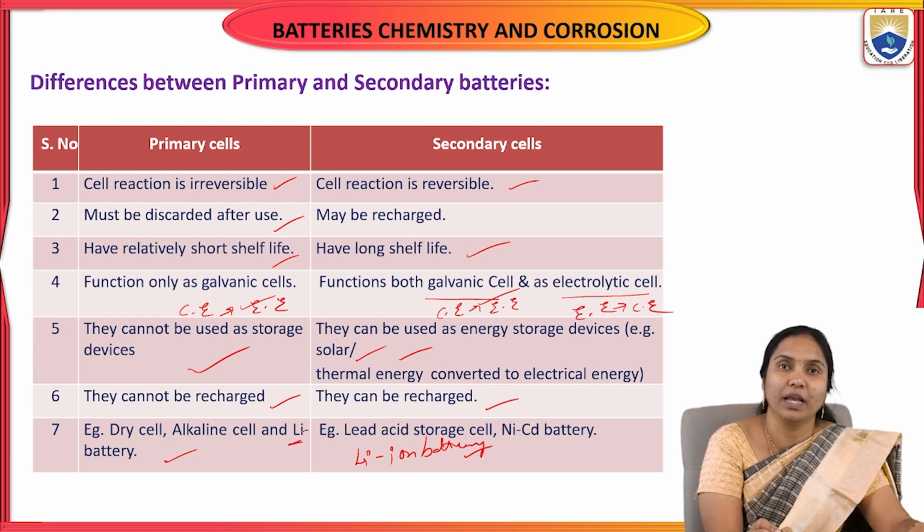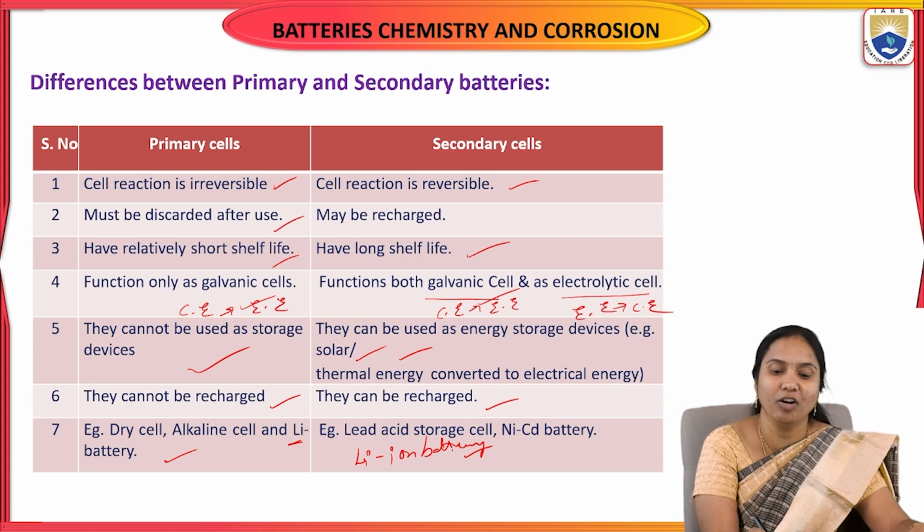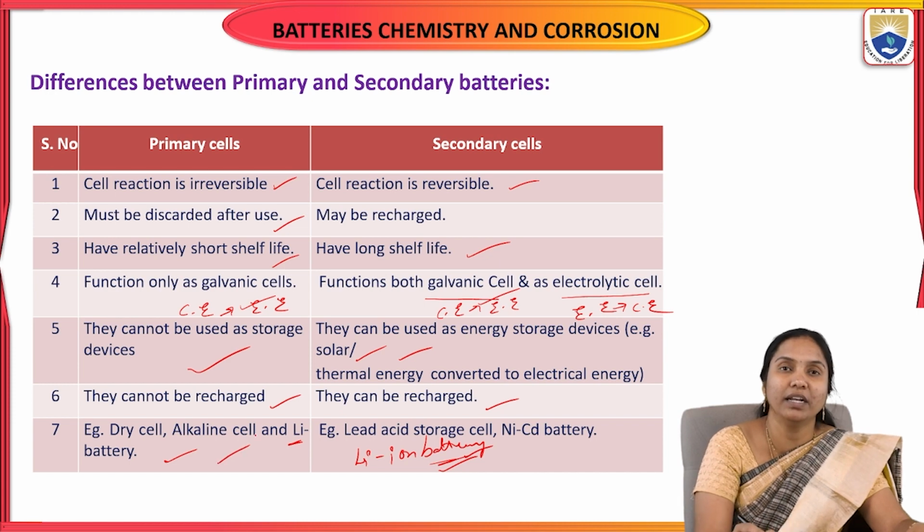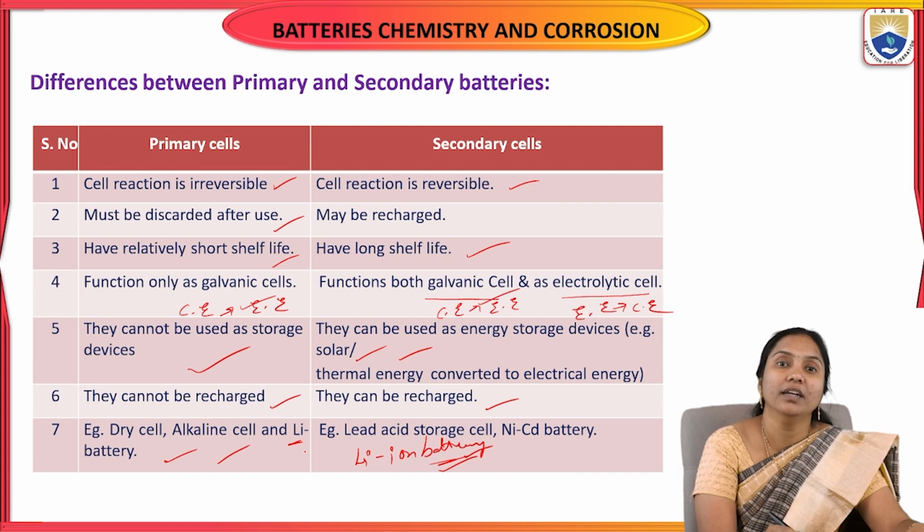We discussed this earlier. The lithium battery is a primary battery, but the lithium ion battery is a secondary battery. Why do we call it a lithium ion battery? Lithium ions are responsible for charging and discharging, so that's why this battery is called a lithium ion battery, and it is rechargeable. In the lithium battery, lithium acts as the anode, which is why it is called a lithium battery.